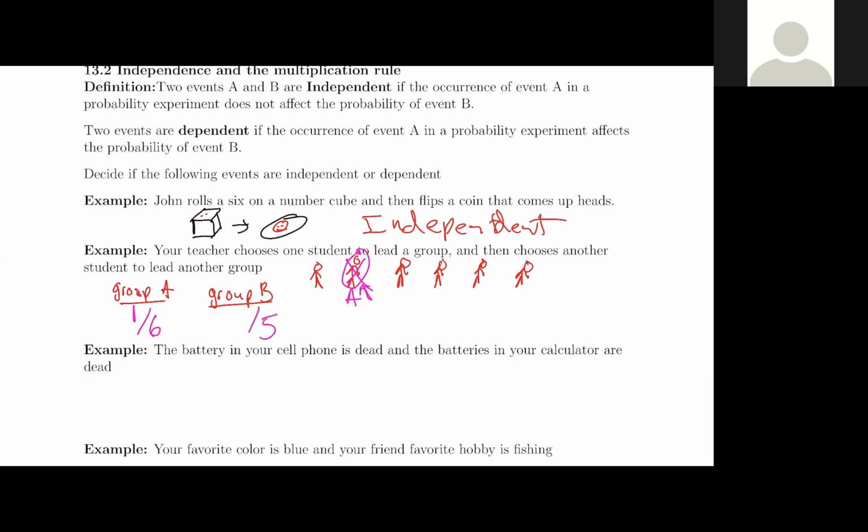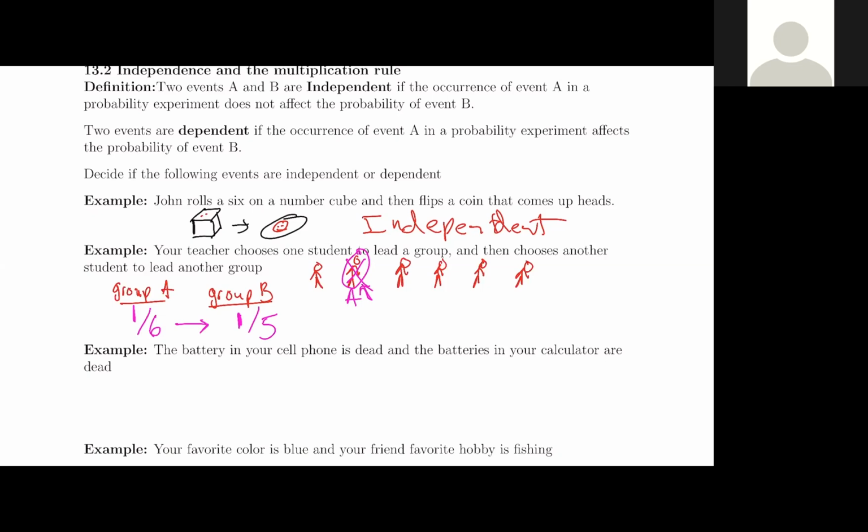How many of them would I actually choose to be a leader? 1. So from when I chose the first person to lead group A to when I chose the second person to lead group B, did the probability change? Yes.